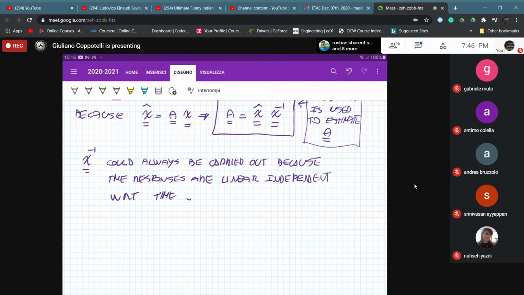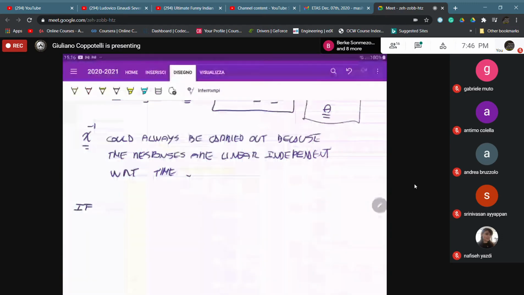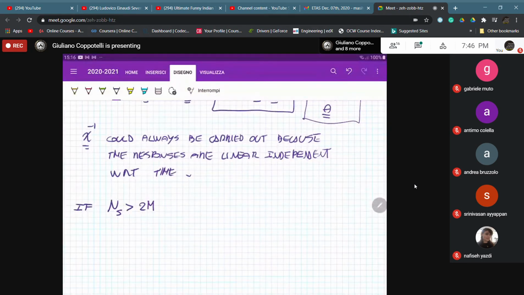Now, let's remove this hypothesis and see if the number of sampling points is larger than the model order of the system, 2m. And let's assume that your number of outputs is still equal to n. Okay, what does it mean then?